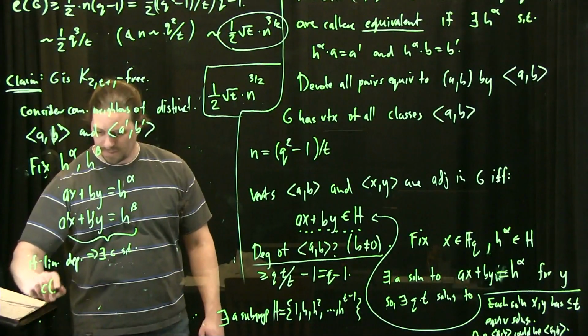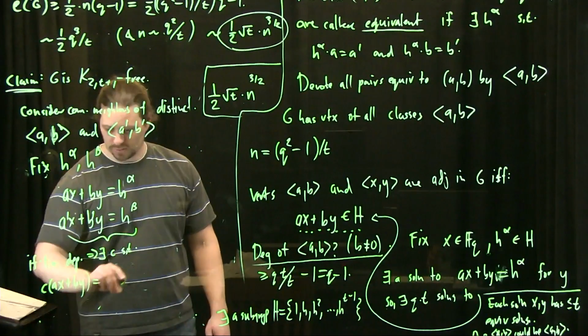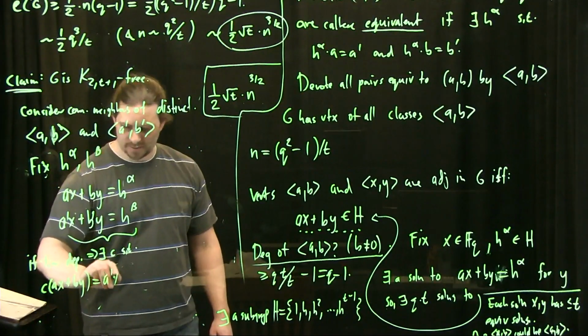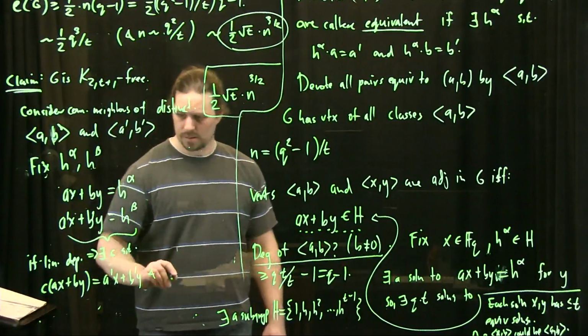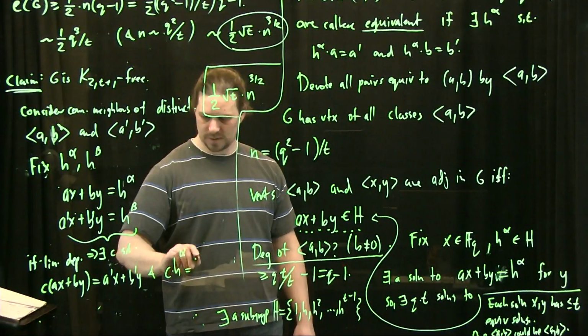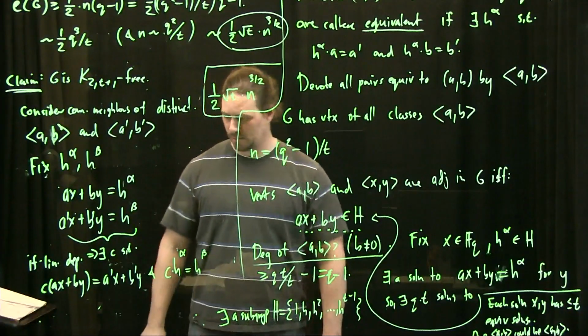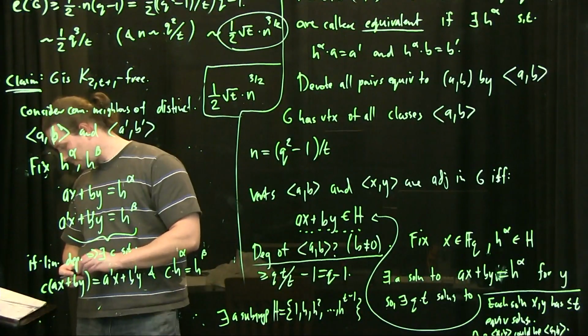C times AX plus BY equals A prime X plus B prime Y, and C times H to the alpha equals H to the beta. Okay, that's what it means for them to be dependent on one another.